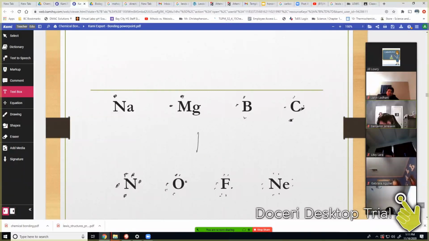So if we notice nitrogen, I'm just going to rewrite it here. Nitrogen has this pair. It's called a lone pair. And that is not involved in the bonding. Nitrogen will not share those. It's going to keep it to itself.